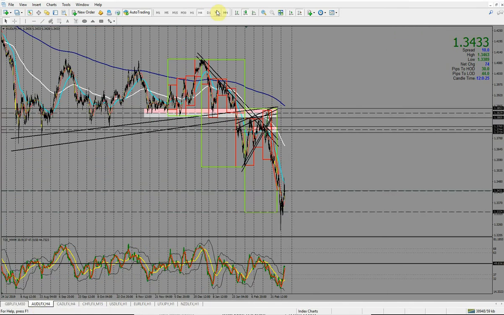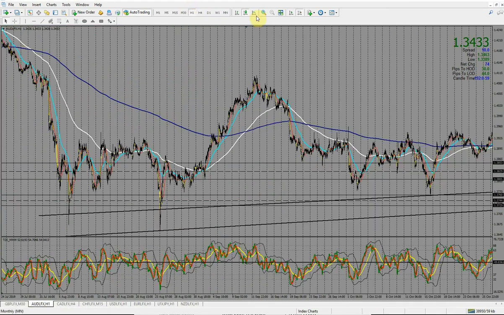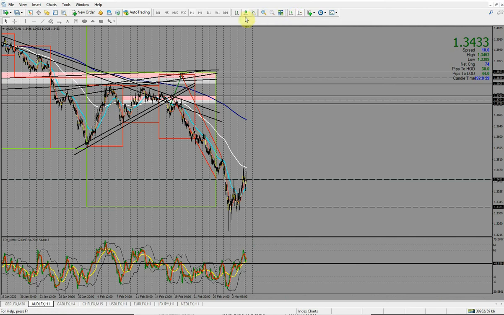Another one, Australian dollar. Do you have anything there? Do we have any kind of trend lines converging around the same area? Let's see. I'm just gonna delete everything that is of no use right now.